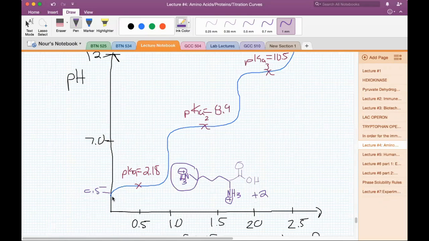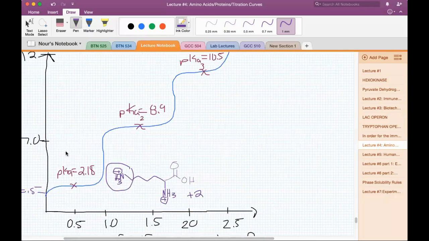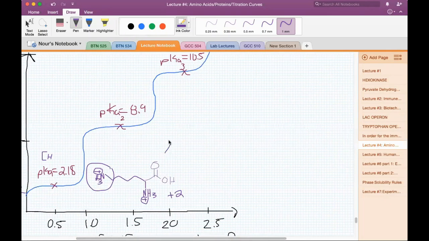So then we keep adding OHs, and we reach a pKa. At this point, half of the solution will be in this structure, and half of the solution will be in this structure. So it got its proton stolen.